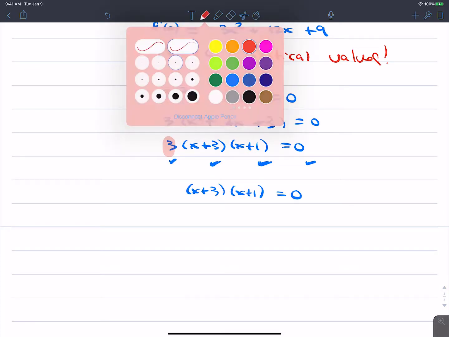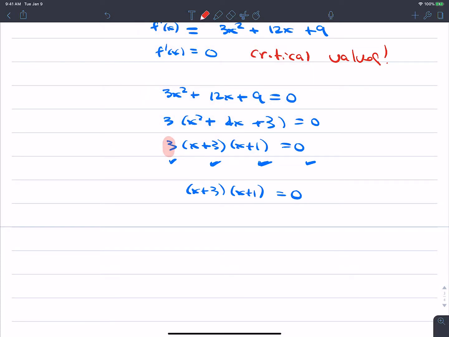Sometimes students rather say, Mr. Judge, could I have just divided 3 to both sides, and then my 3's cancel here, and 0 over 3 is actually 0? The answer is yes, you could do that too.